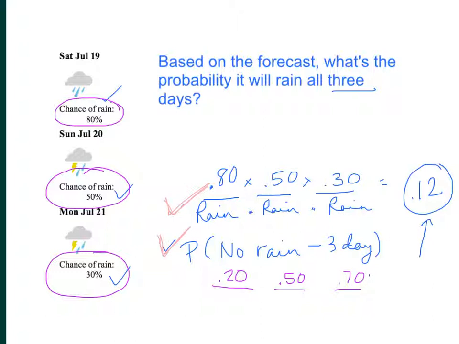So you're doing 100% minus each of these. So the probability that it won't rain on any of those days, 0.2 times 0.5 times 0.7. There's only a 7% chance of that, so it's not great, but it is possible. So that's just another twist on that same problem.